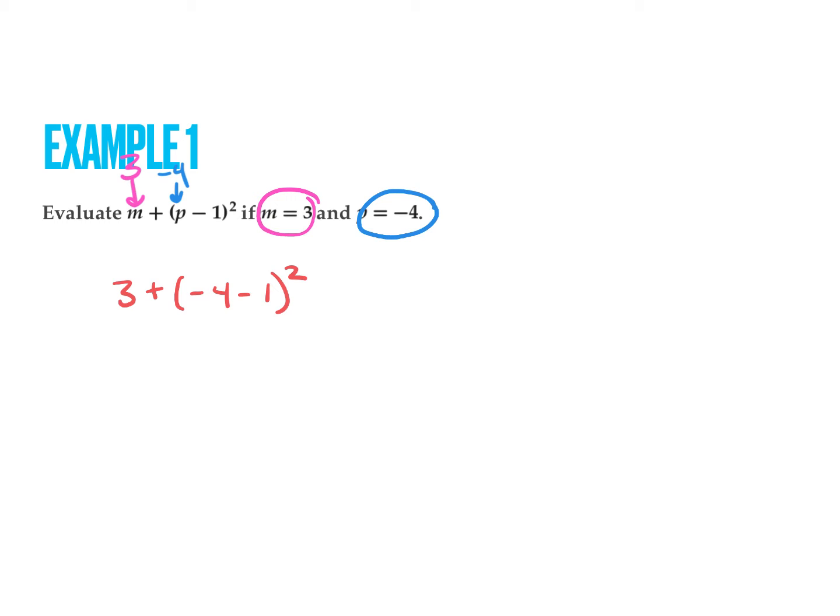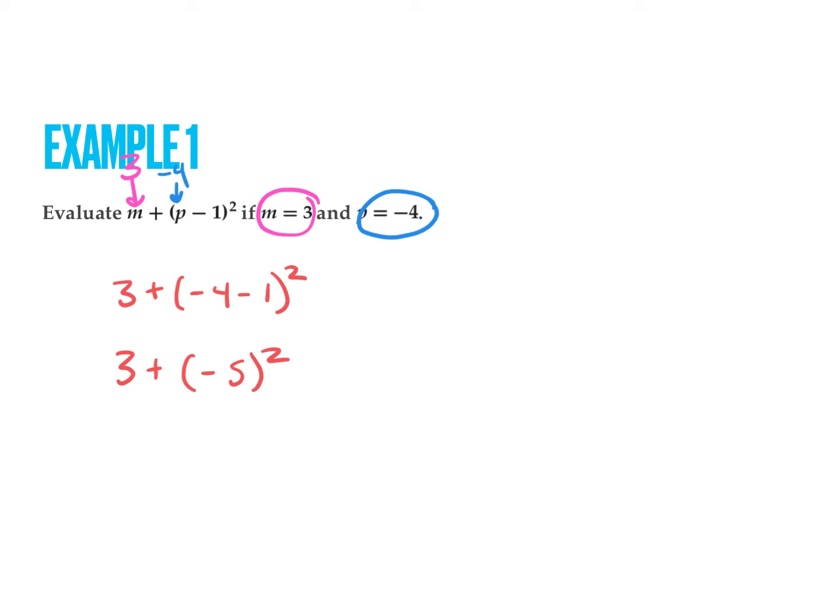Parentheses comes first. So we have negative 4 minus 1. What's negative 4 minus 1? Negative 5. Awesome. So 3 plus negative 5 squared. What should we do next? Exponents. So we have negative 5 squared.